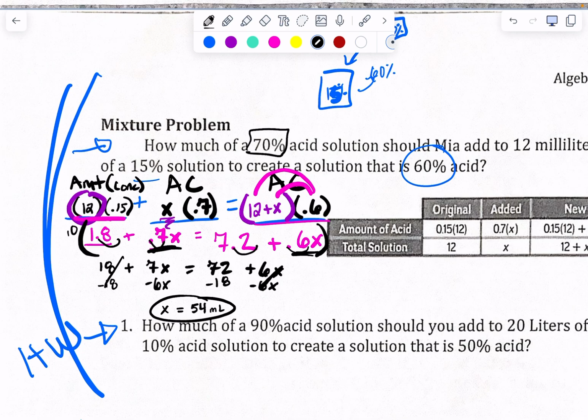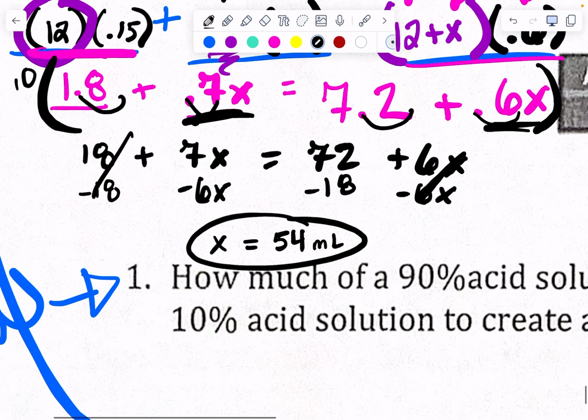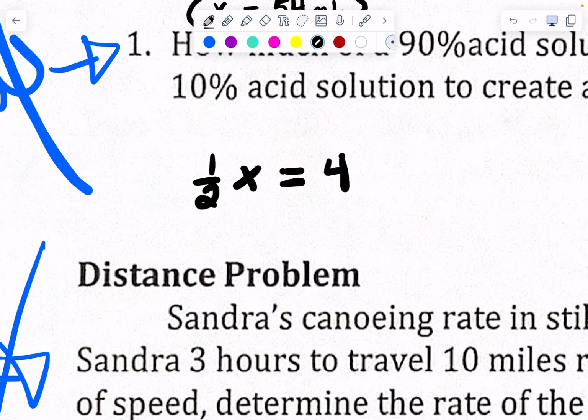Wait, wouldn't it be 5.4? No. Oh, because you multiplied by 10? Yeah. When you multiply by 10, because I'm doing it to both sides of the equal sign, I don't have to divide by 10. Think of it this way: let's say half of x equals 4, right? Half of what number gives me 4? x would be 8 in this case.